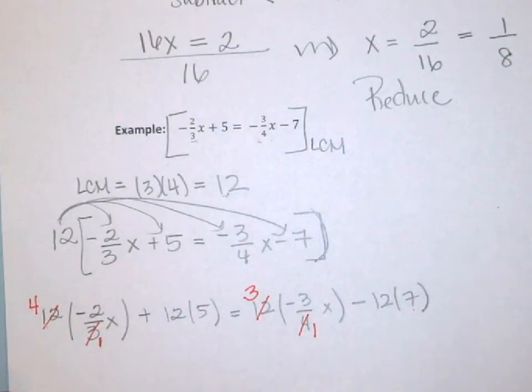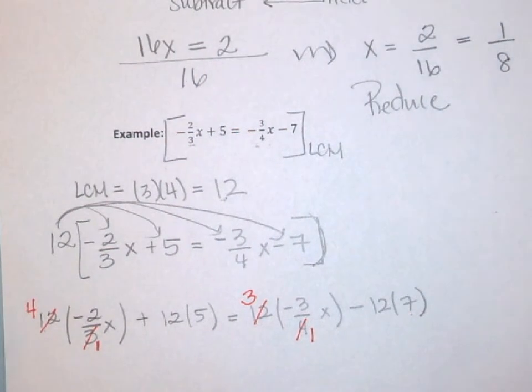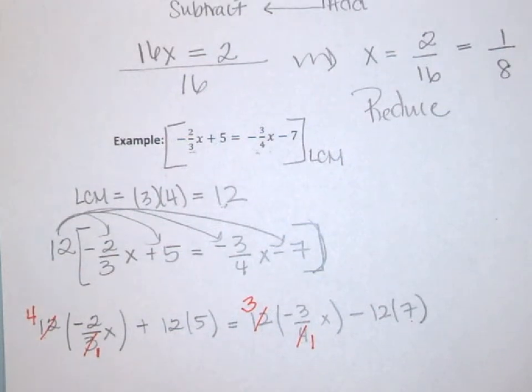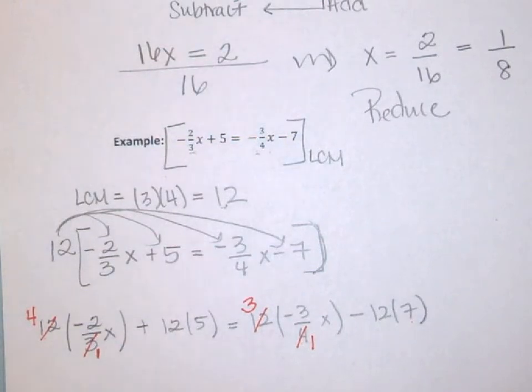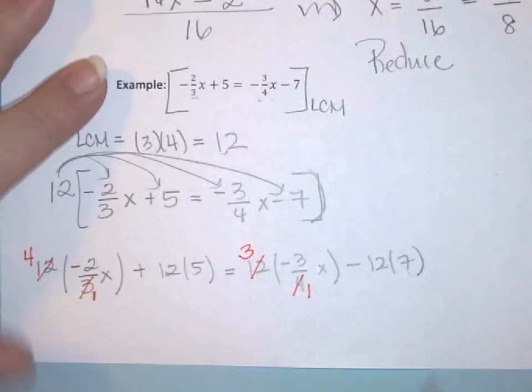So I have to go ahead and do my multiplication. Remember, I'm going to go straight across. This first one here, I've got 4 times negative 2, which is going to give me a negative 8.